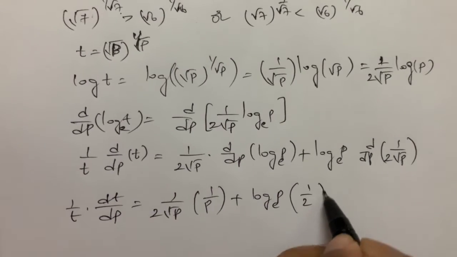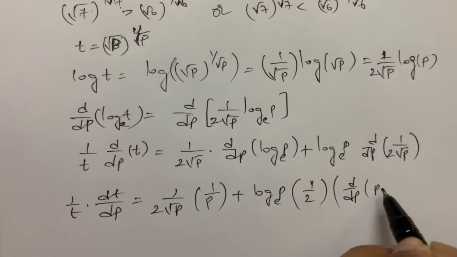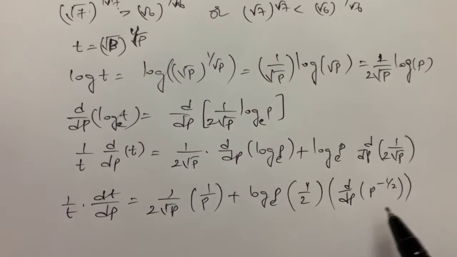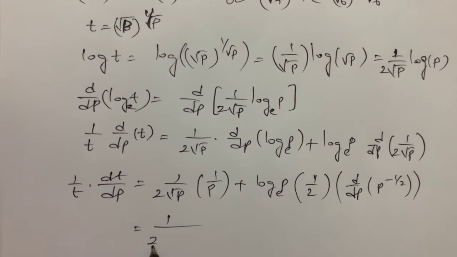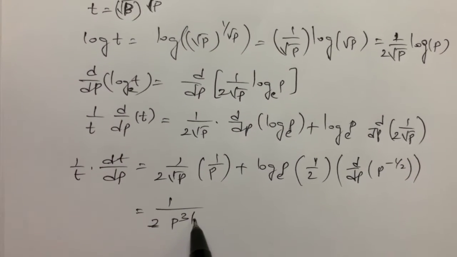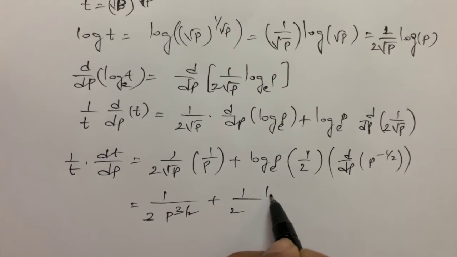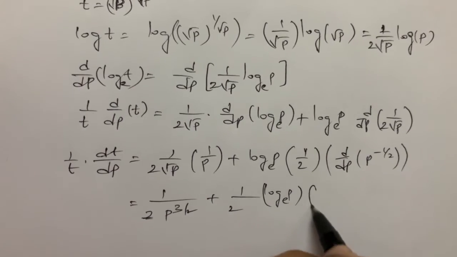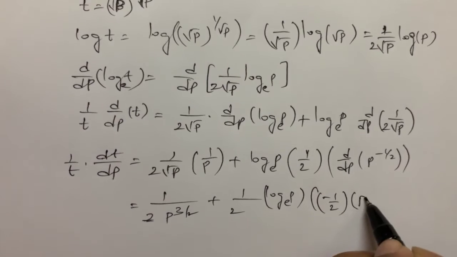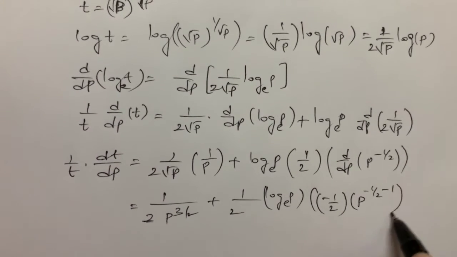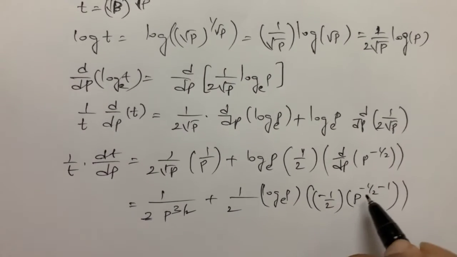So I can take the 1 by 2 out, and then d by dp of p power minus half. This we can solve: 1 by 2 into p power 3 by 2 plus 1 by 2 log p base e into minus half into p power minus half minus 1, because the derivative of x power n is n into x power n minus 1.